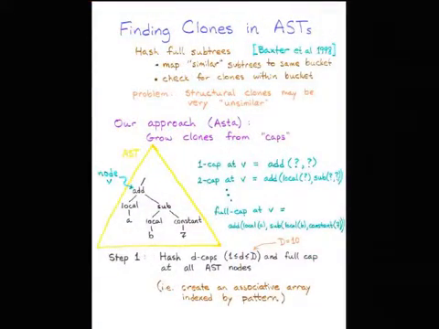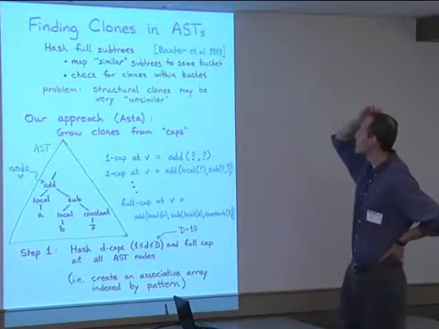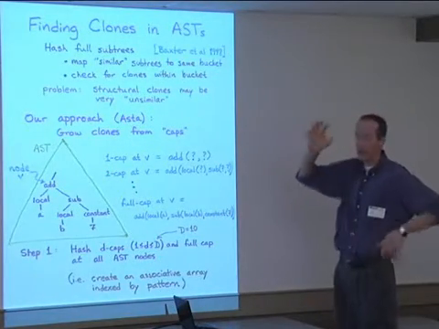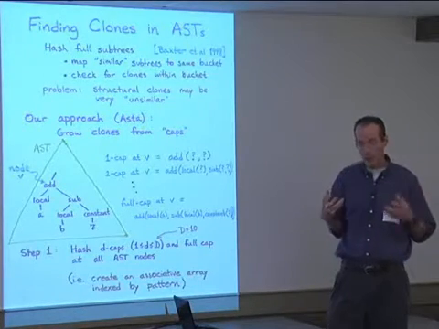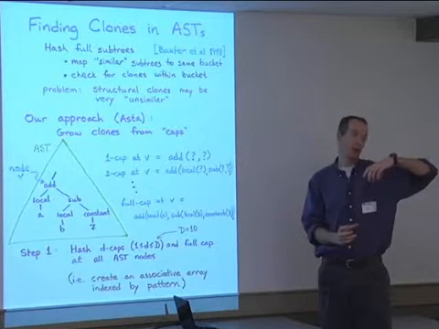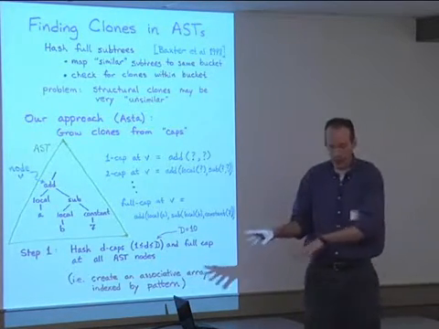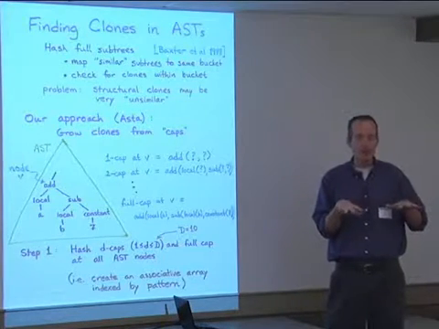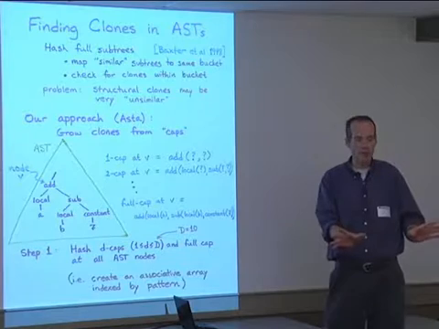So this is backing up a little bit in history. Baxter's approach to finding clones within an abstract syntax tree was to hash full subtrees of the abstract syntax tree. You take these big full subtrees and hash them into buckets, and you basically cover up the local identifiers down at the leaves so that those aren't part of the hash function.